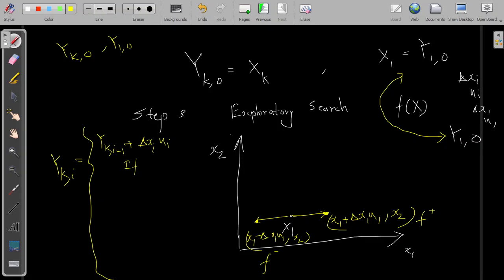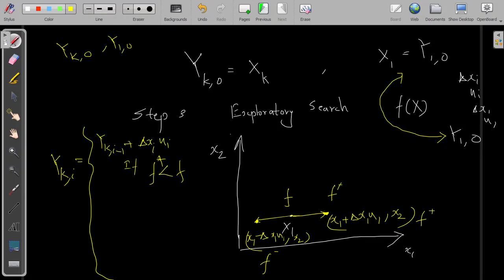The new optimum point yki will be equal to yk i minus 1 plus delta xi ui if f plus, the value of the objective function at this point, is less than f.